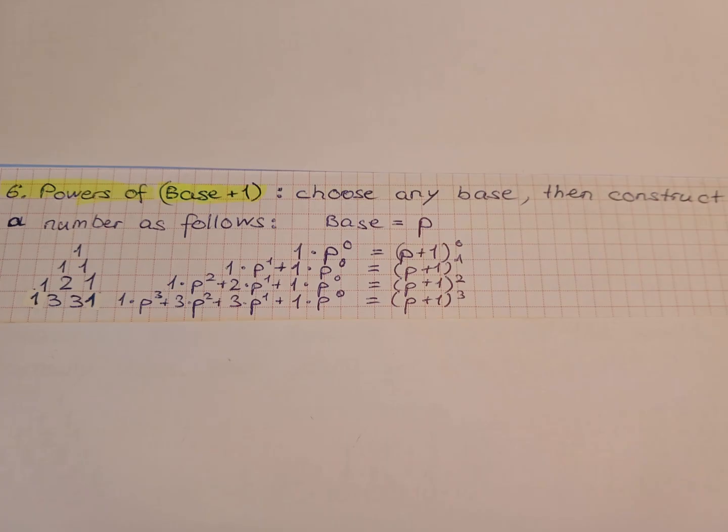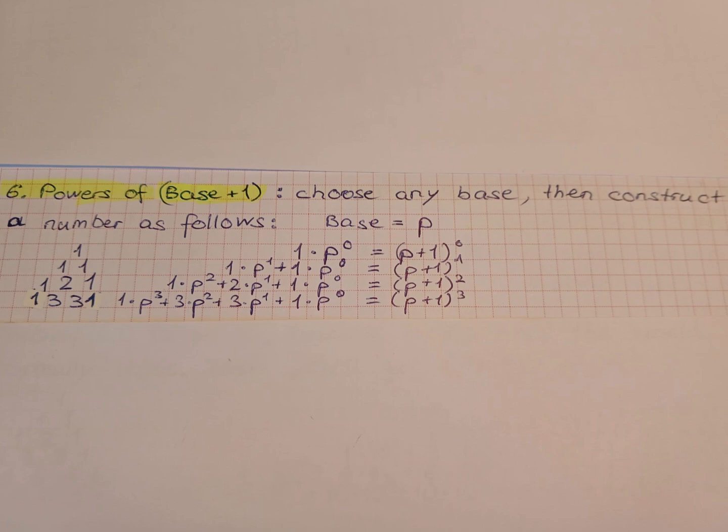Another cool property is that you can get powers of any base by choosing any base you want and then constructing a number as follows. And then you will add up all of these numbers and get the powers of the base one above what you have chosen.